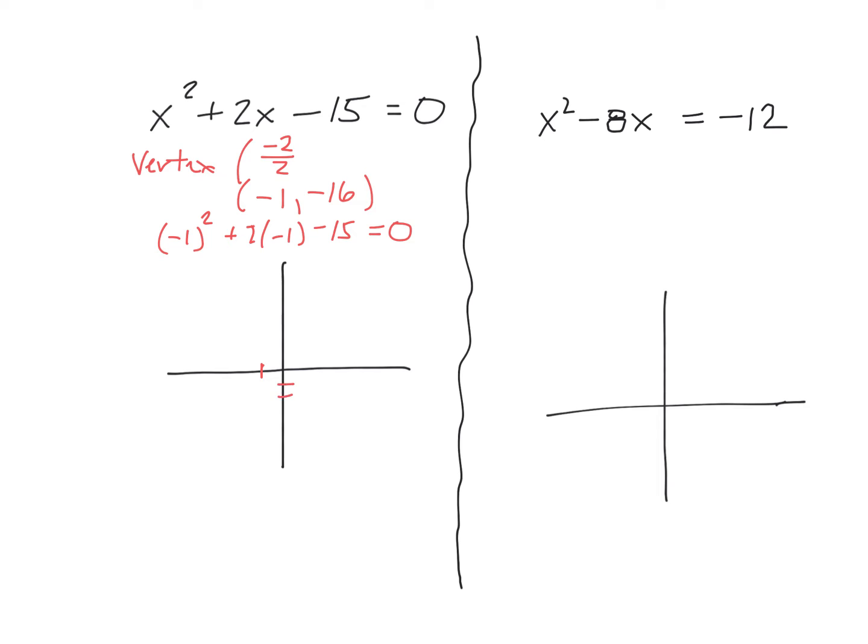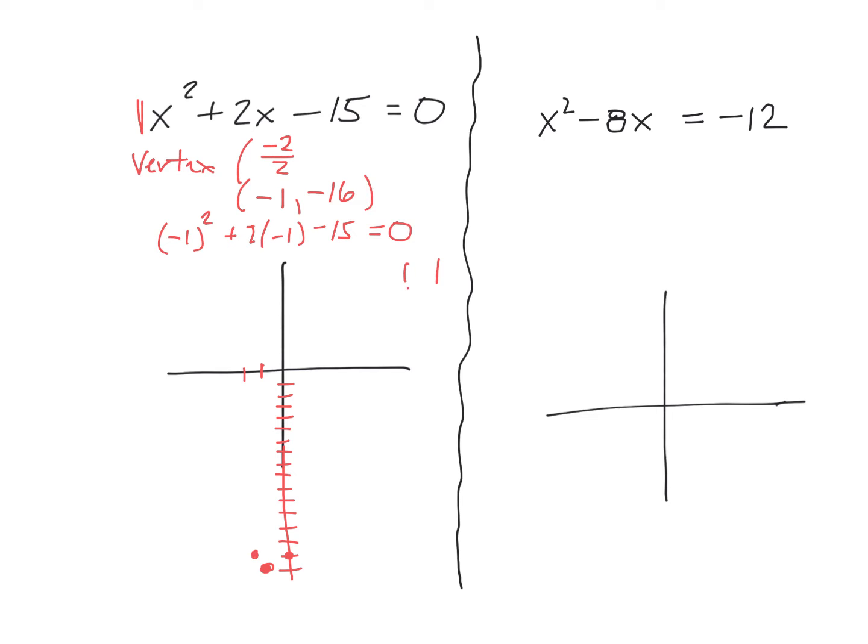So graphing this, you can see my vertex would be way down here. Now we could make a table of values, but we could also realize that since the a value is 1, I'm going to go over 1 and up 1, which would put me right here using symmetry.